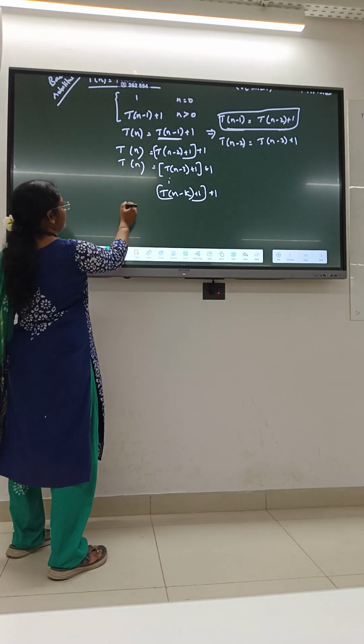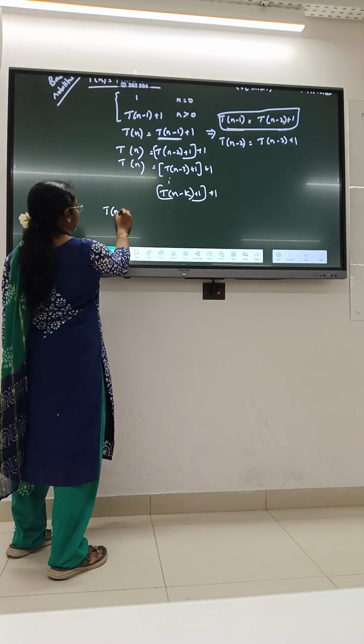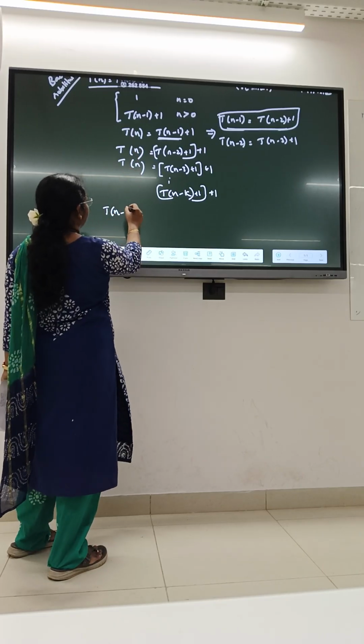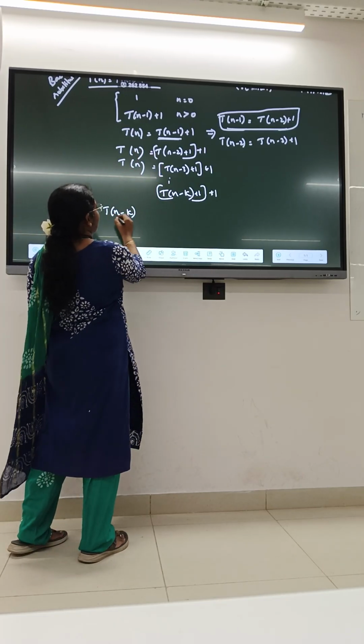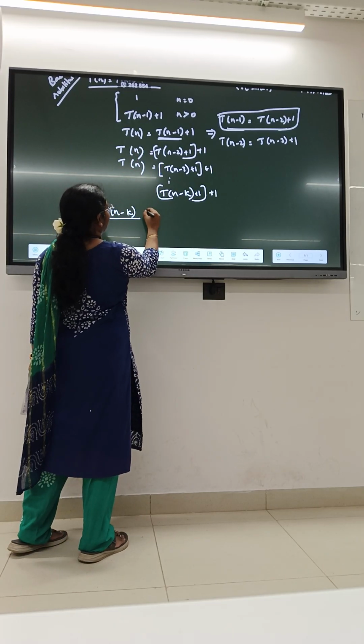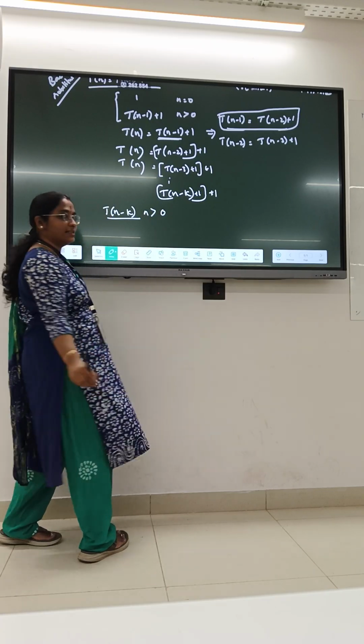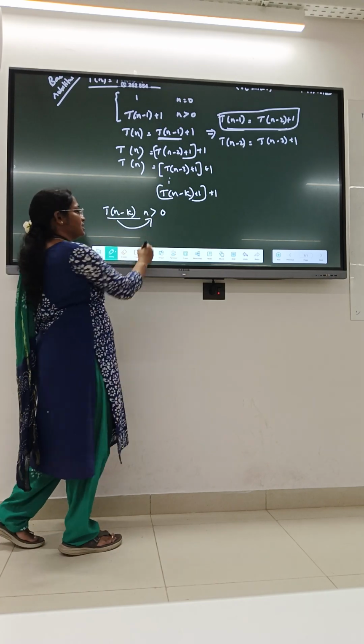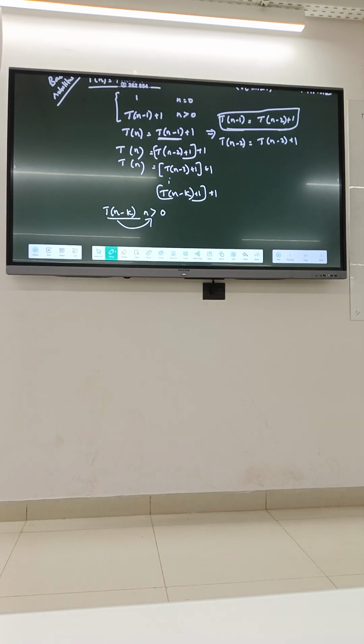Can I substitute here, T of n minus k? So what is the condition? This condition goes on till when n is greater than 0. Yes or no? When is this condition going to get stopped? When it is equal to or less than. So how can we write this?